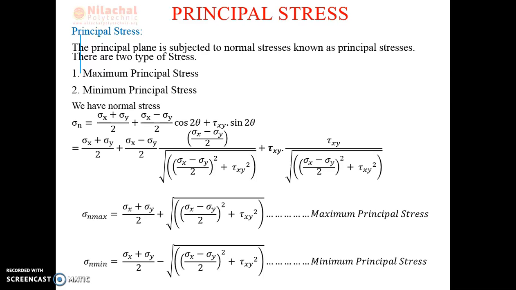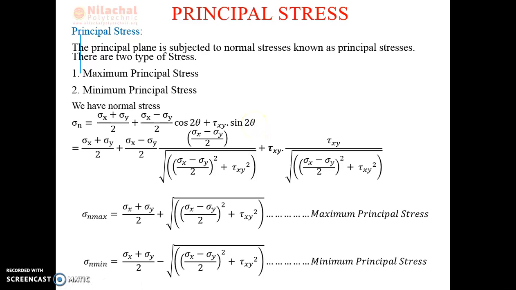According to the formula in the earlier video lecture, if the body is subjected to stresses sigma x, sigma y and tau xy, then sigma n is obtained as (sigma x plus sigma y)/2 plus (sigma x minus sigma y)/2 cos 2 theta plus tau xy sin 2 theta.